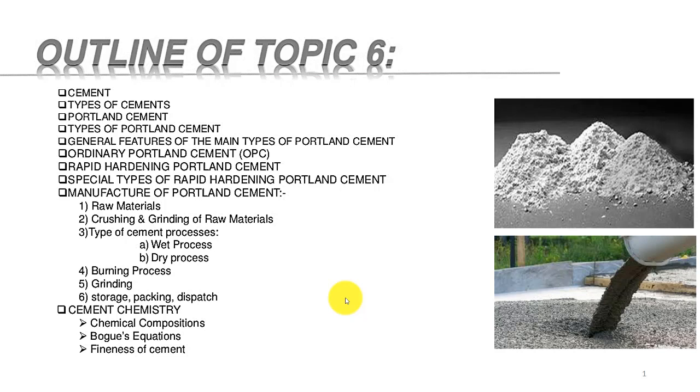For example, you require a concrete with a strength around 8000 psi, very high strength concrete. Then what type of cement and what ingredients do you have to formulate your cement? So this is a brief introduction of today's lecture that we are going to cover.